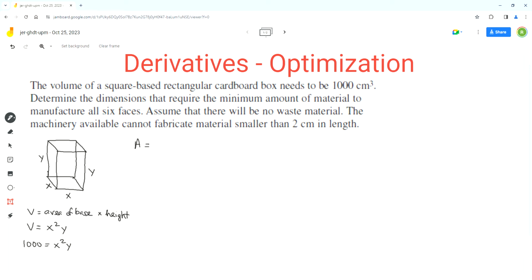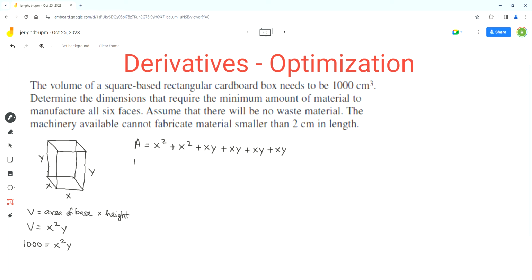The area of the base, which is a square, will be x squared, and there is another square at the top whose area is also x squared. Now the other 4 faces are rectangles and the area of each of those rectangles will be xy. So this is the equation for the surface area of this box.